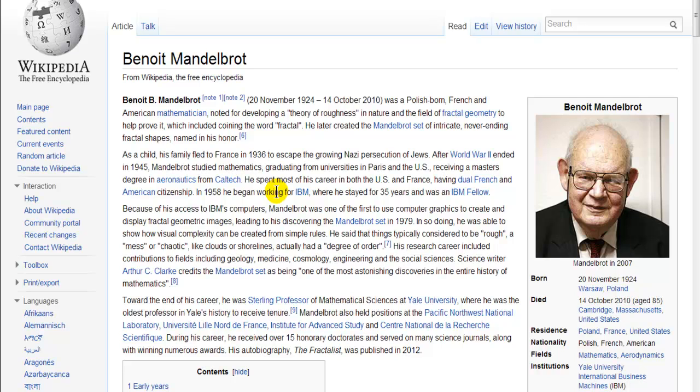The fractal pattern of the internal wave of the first wave allows us to focus on the motive wave. The fractal pattern of the internal wave of the second wave allows us to focus on the ABC corrective wave.